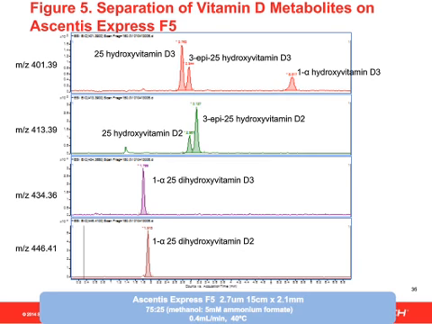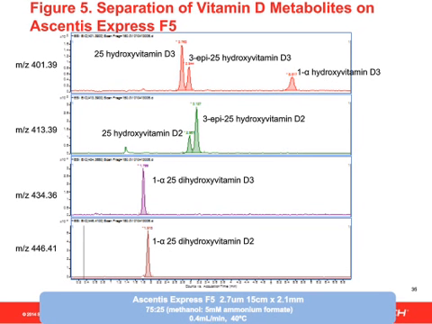So the top chromatogram shows the 25-hydroxy D3 along with the epimer and then the 1-alpha hydroxy D3. So plenty of resolution. We have good positive identification of all 3 of these isobaric compounds, and that's going to result in a pretty robust method that we feel very confident in the data that we generated.